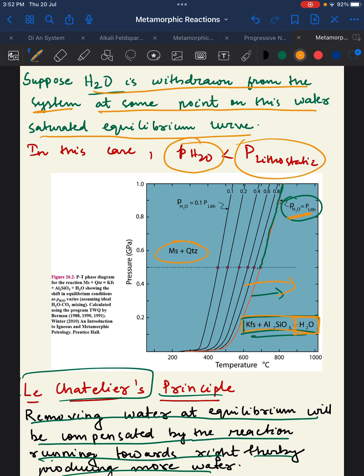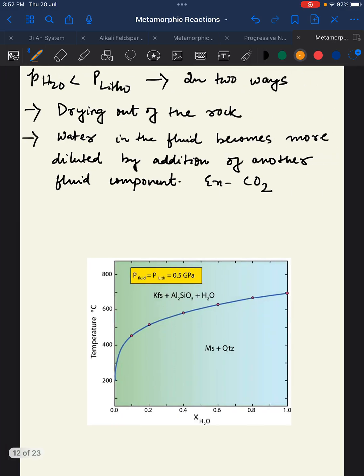Since water as an independent phase is a product, the shortage of water is compensated by the production of more water. If more water is getting produced, the field area of this will be increasing.